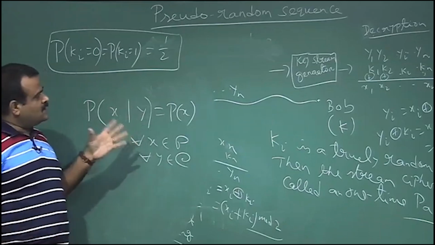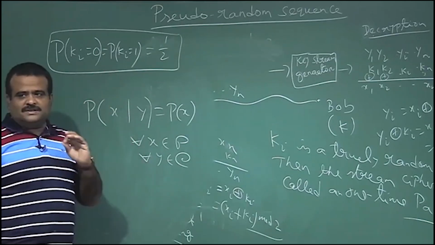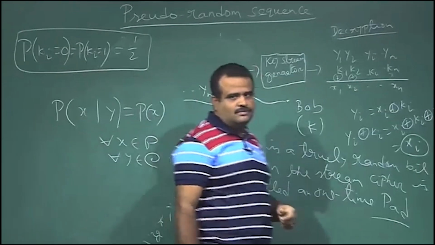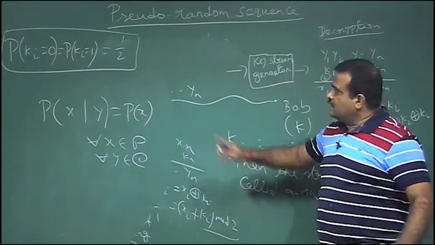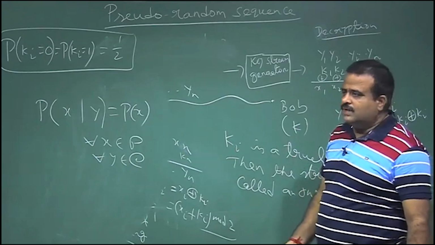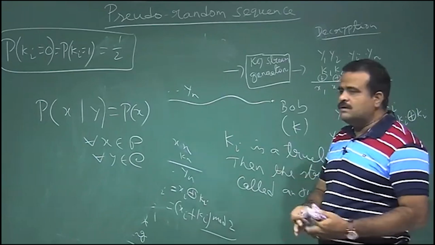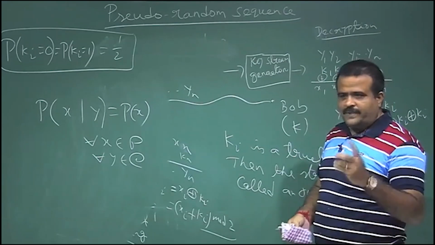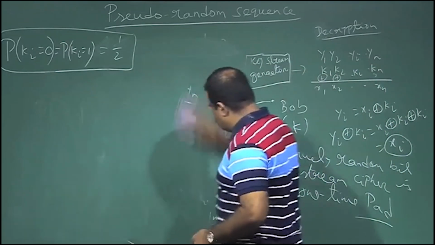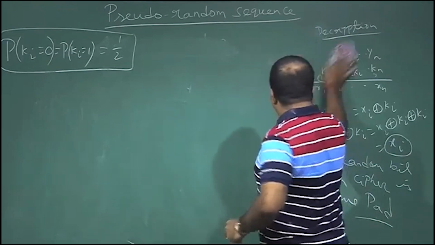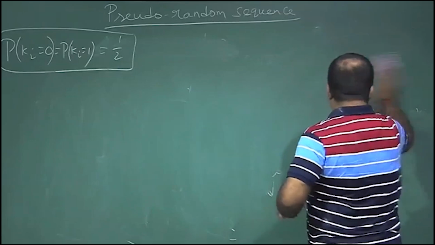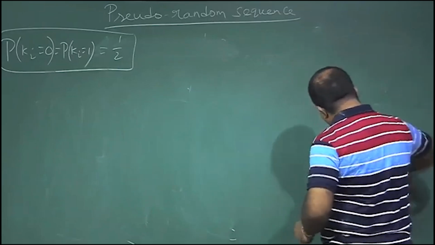But the problem is that getting truly random bits is not practical, because we have to follow some deterministic algorithm to generate these random numbers. Getting truly random numbers is not possible in practice. That is why we call this a pseudorandom sequence instead of a truly random sequence.